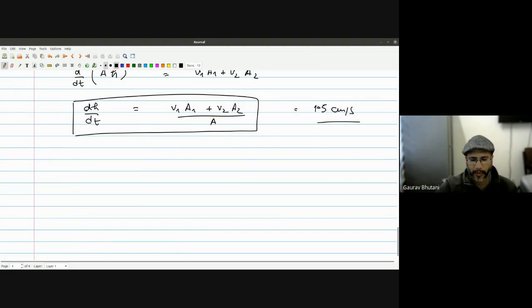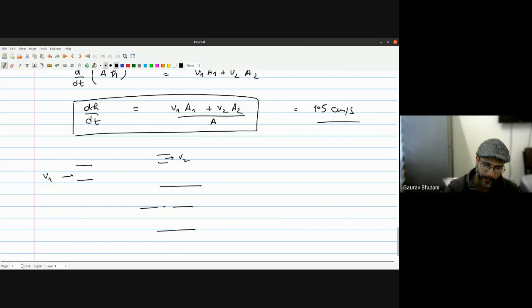Now, the inlets and outlets we've been talking about, these small inlets or outlets, we have been taking, for example, V1, V2. But in reality, if you look at any pipe like this, for example, so I'm zooming into a pipe.